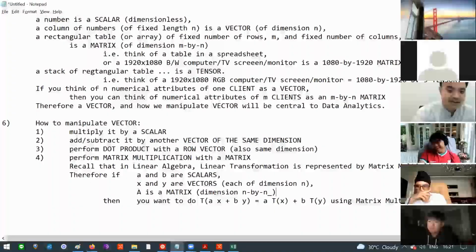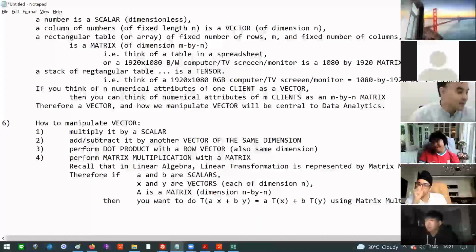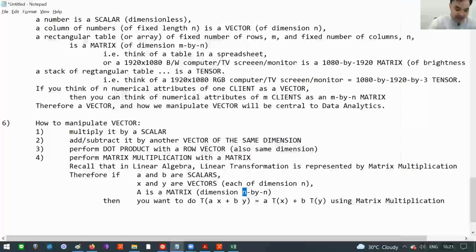The first dimension doesn't have to be the same, so let's say m by n.